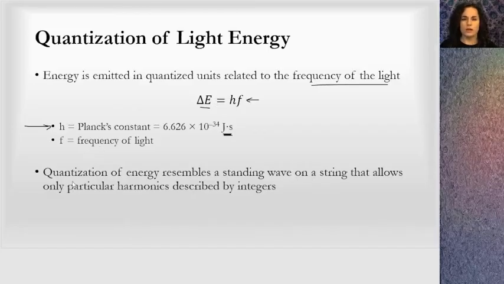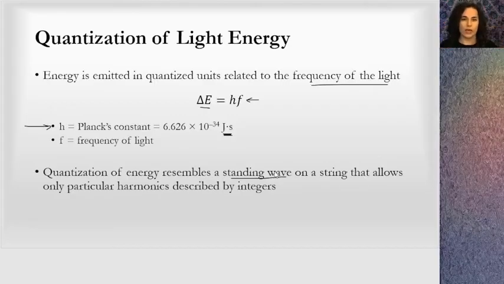Very interesting. Quantization of energy resembles a standing wave. So when I was talking about why energy is quantized, to quell your curiosity on this, here's the shortest story: this energy resembles a standing wave. When you think about a standing wave on a string, in order to have nodes and antinodes, that length has to be very specifically related to the wavelength of that wave, right?